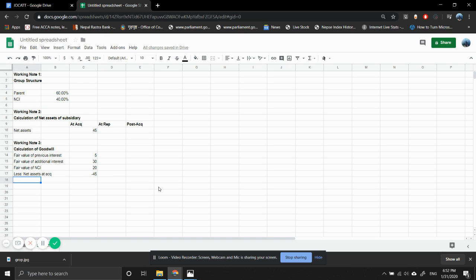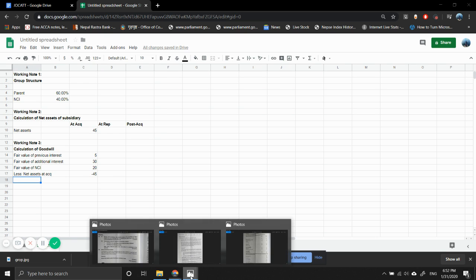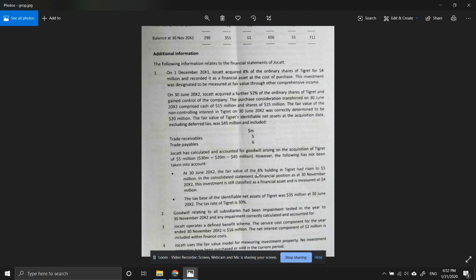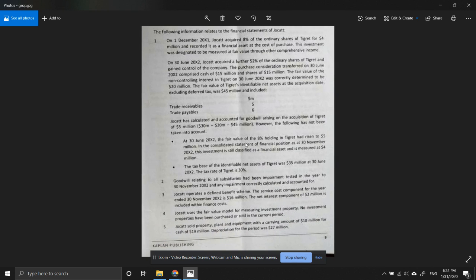And then there is another thing that we need to consider: deferred tax. So where is deferred tax? So our tax base is 35 and our net assets is 45, right?